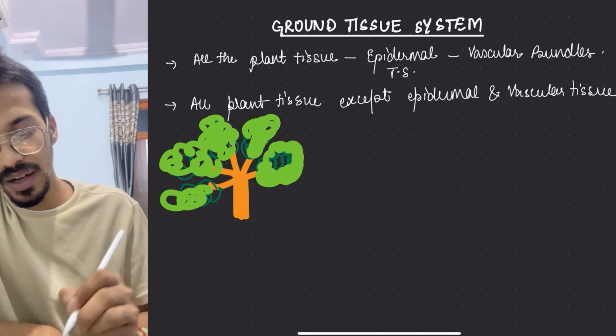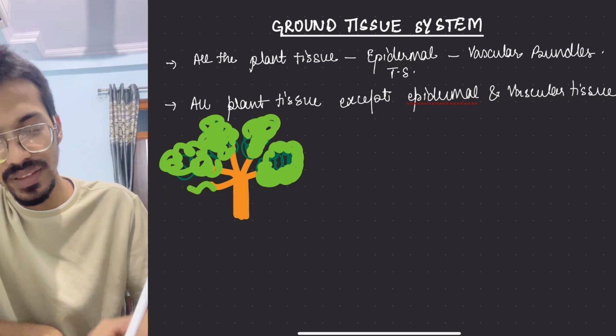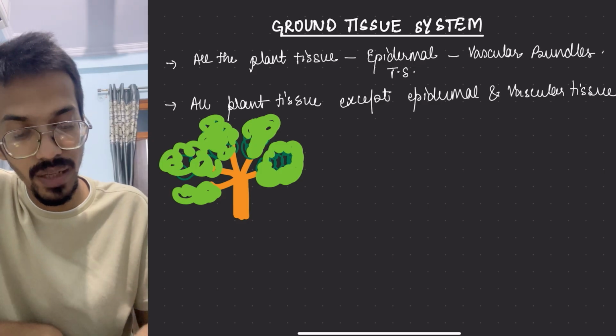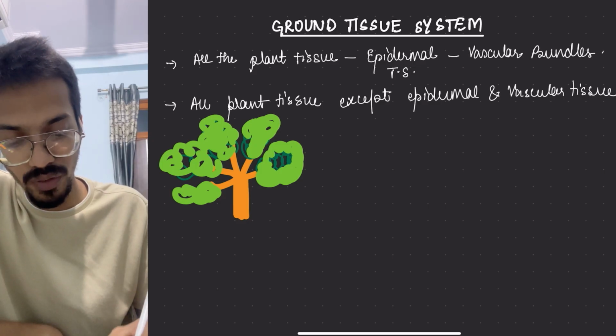Now in this plant, if I have to see what type of cells are present inside it, I'm going to cut it.